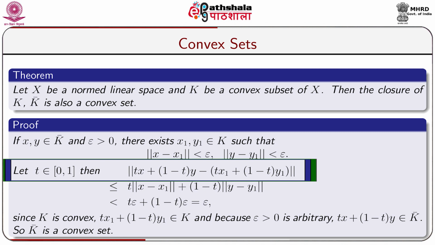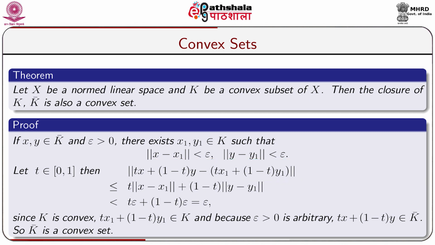Let us take an element t belonging to the closed interval [0, 1]. Then norm of t x plus (1 minus t) y minus (t x1 plus (1 minus t) y1) is less or equal to t into norm of x minus x1 plus (1 minus t) into norm of y minus y1 by norm axiom property N3, which is again less than t epsilon plus (1 minus t) epsilon.